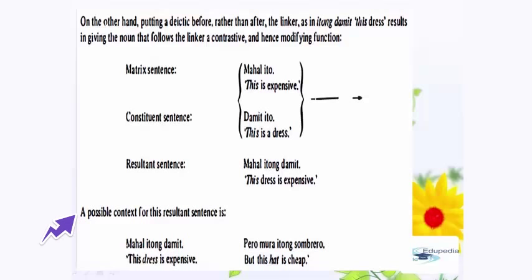A possible context for this resultant sentence is: Mahal itong damit. This dress is expensive. Pero, mura itong sombrero. But this hat is cheap.